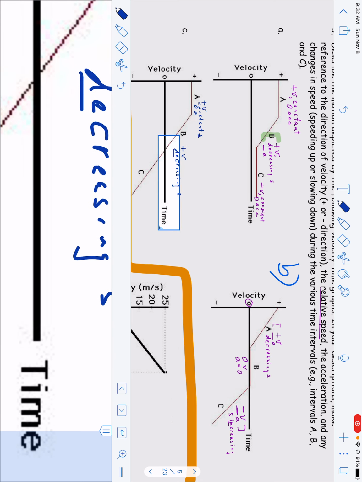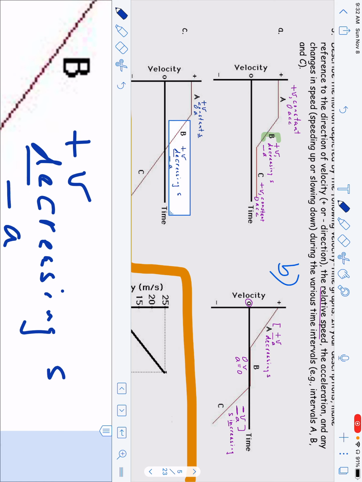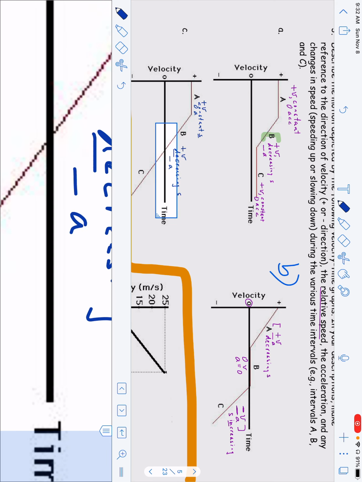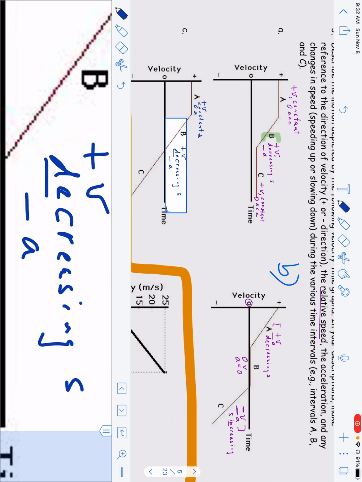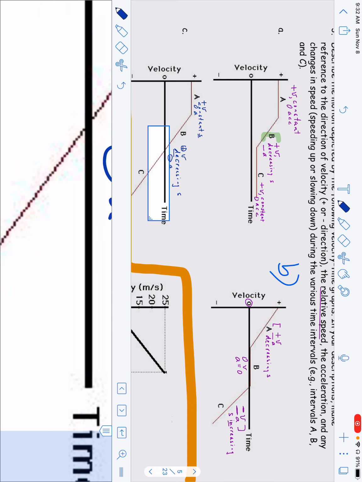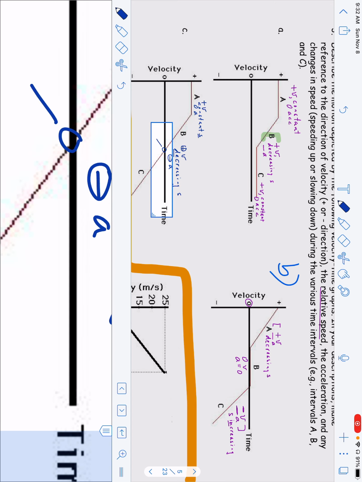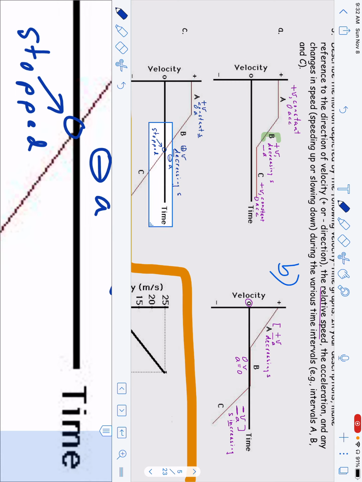And it's negative acceleration. Again, positive V and negative A. When the signs are opposites, the speed has to be decreasing. Right there, it's actually stopped for a moment because it hit the x-axis.